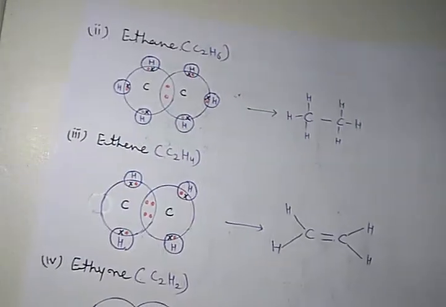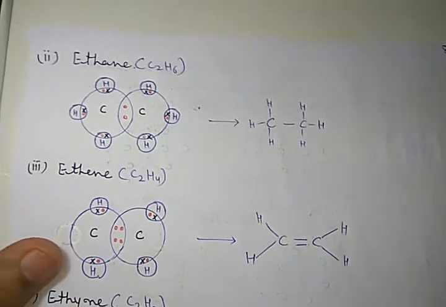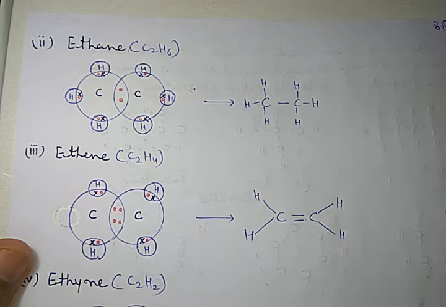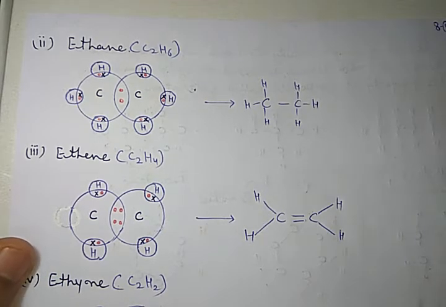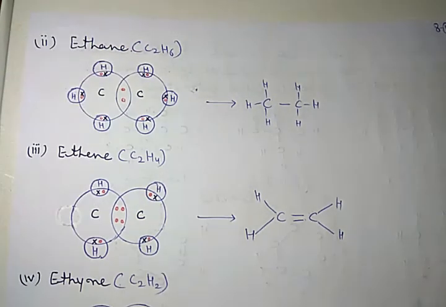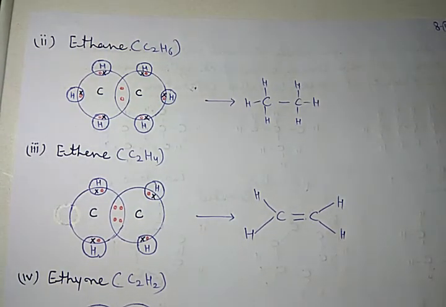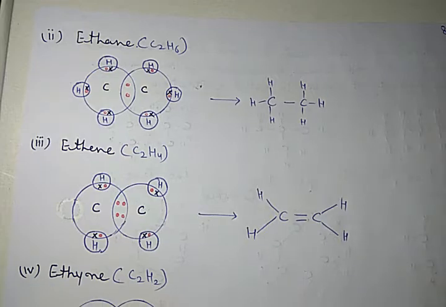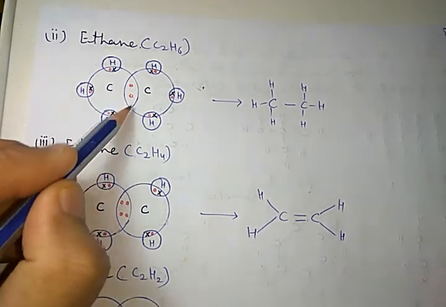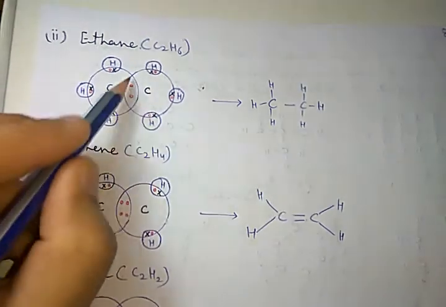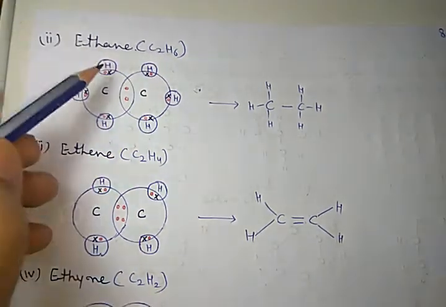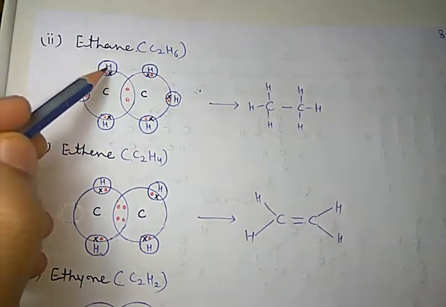The second example of today's class about the dot cross structure, that is ethene. The molecular formula is C2H6. That means there are 2 carbon and 6 hydrogens. Both carbons are denoted by these two circles, and each carbon has 3 hydrogens.